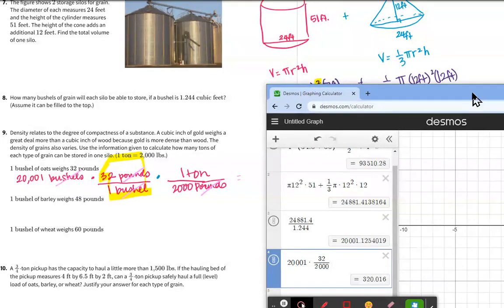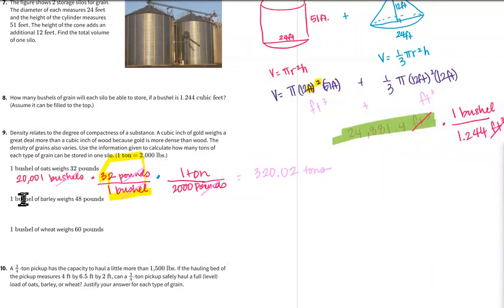320.02 tons. Okay. So the way I did this, I'm going to show you again because you're going to practice on your own. I just took the number of bushels that fit in here. I multiplied it by the number of pounds in one bushel. And then I multiplied it by how many pounds are in a ton.